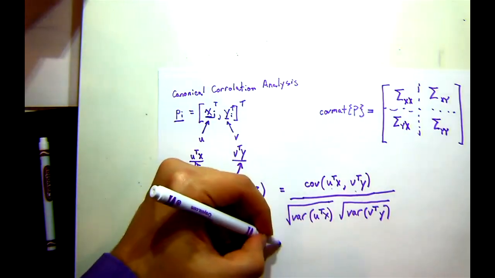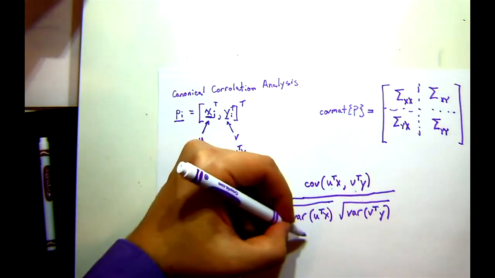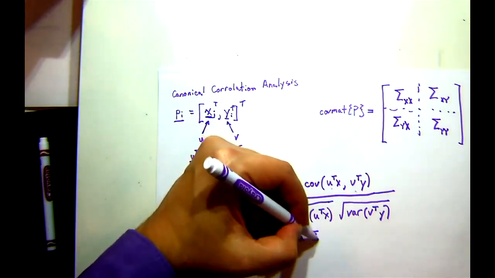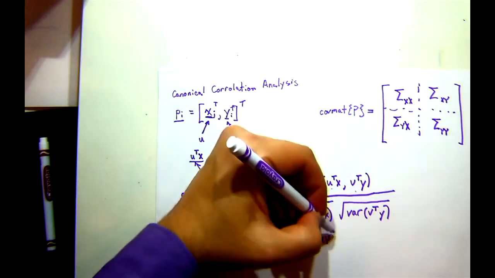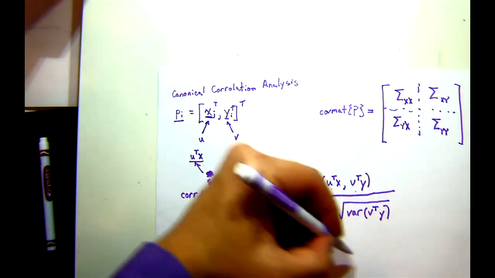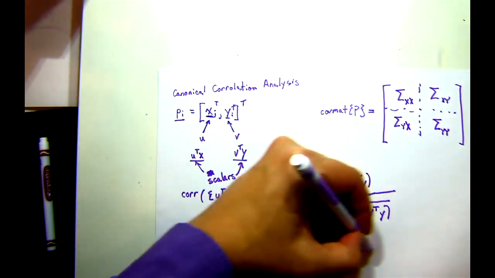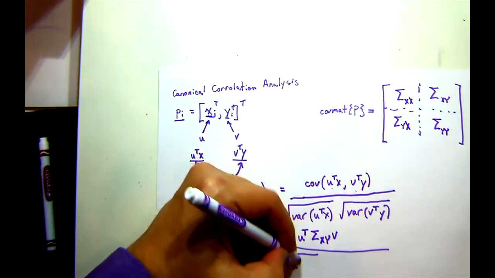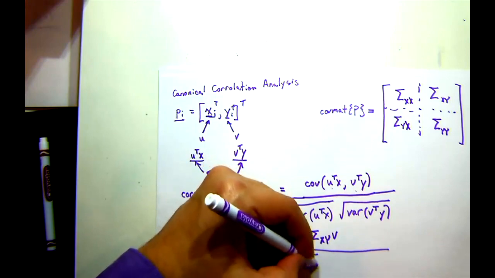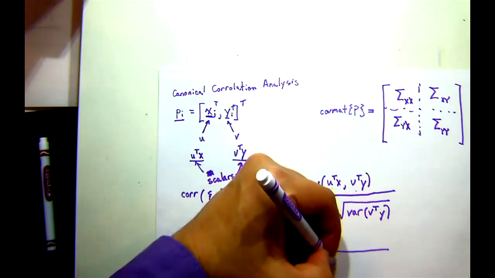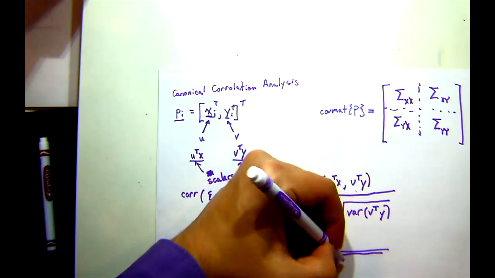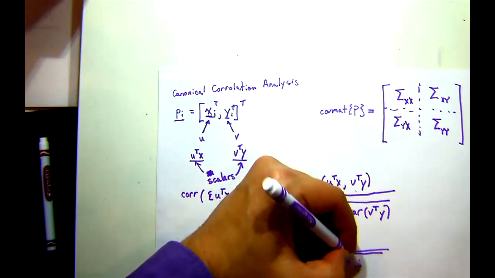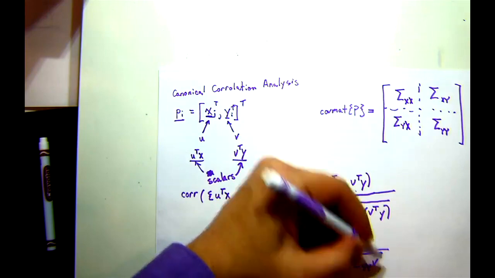We can rewrite this in matrix form as U transpose sigma xy V over the square root of U transpose sigma xx U and the square root of V transpose sigma yy V.